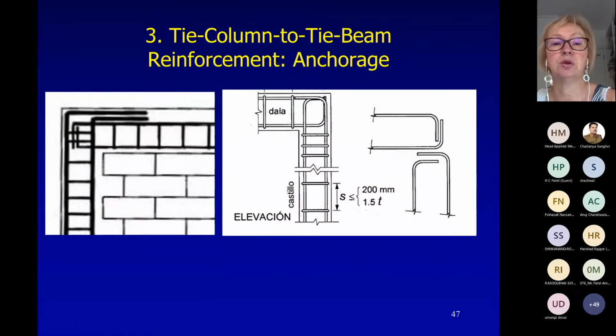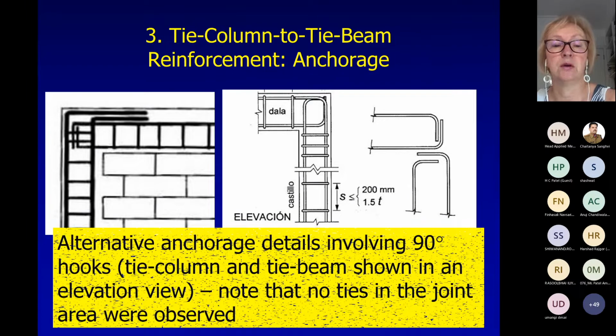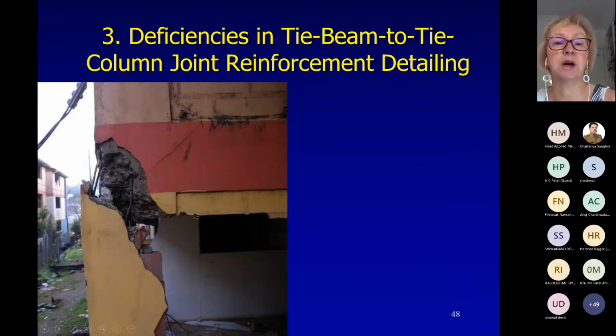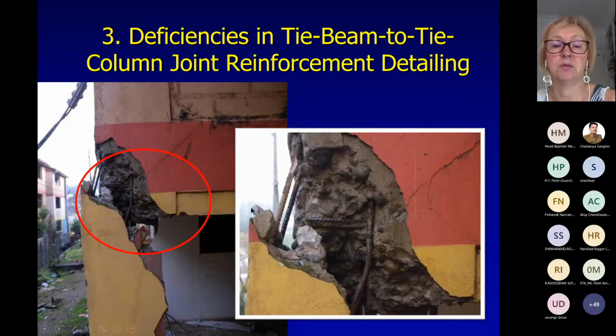These are some details of anchorage, which involve 90-degree hooks. This is what I showed you earlier, and this is something that they implemented or had in practice, but not always. Here you can see another example of a poorly detailed tie column to tie beam joint. You can see again that there is no reinforcement.